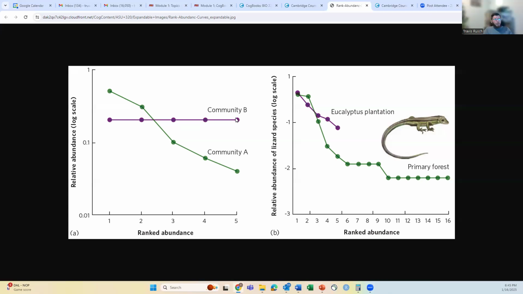Yeah, they represent a species. So the richness in graph A is the same, because they each have 5 species. The richness itself is equal. Over here, the richness is different, because in the eucalyptus plantation there are only 5 dots, so 5 species, versus the primary forest, where there are several. So there's a lot more richness in the primary forest than in the eucalyptus plantation.